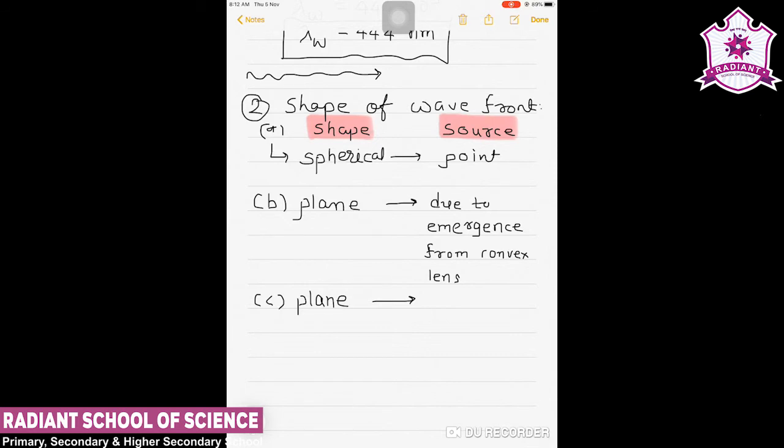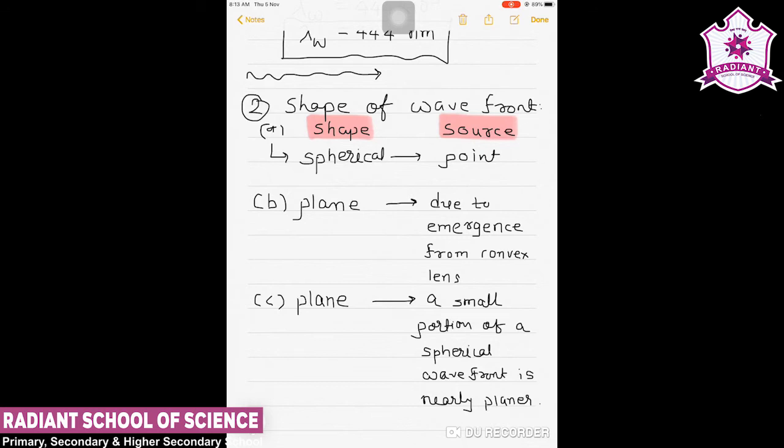So it is very clear that a small portion of a spherical wavefront is nearly planar, so this will be considered as a plane wavefront.